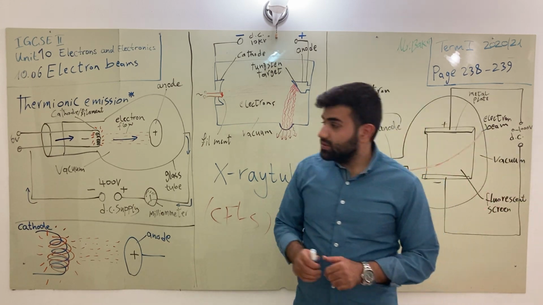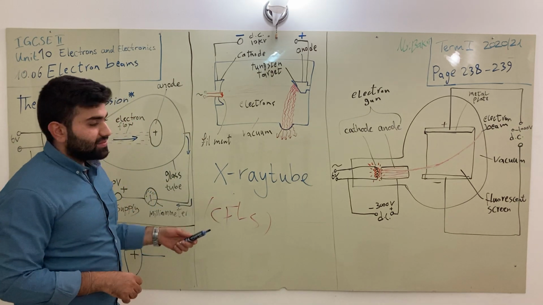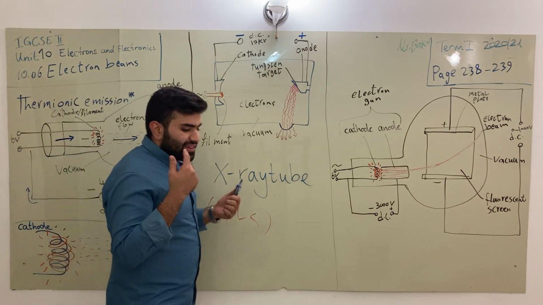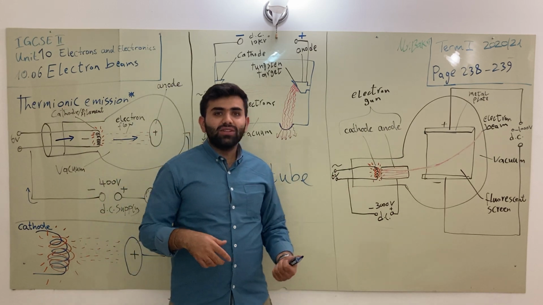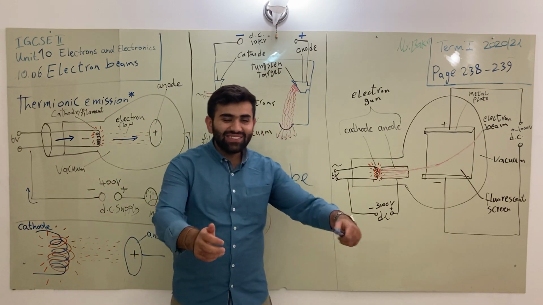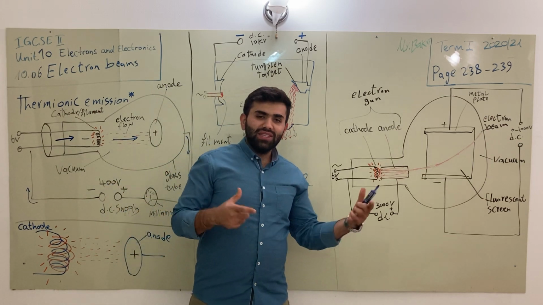Now, we take a marker and move on to the X-ray. When you hear X-ray, we directly remember going to the doctor. If someone breaks a hand or something, you go and take an X-ray, and you see it as a picture.